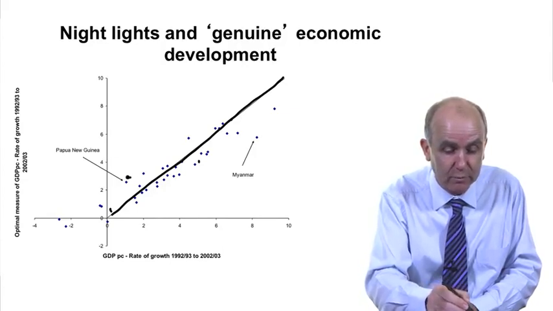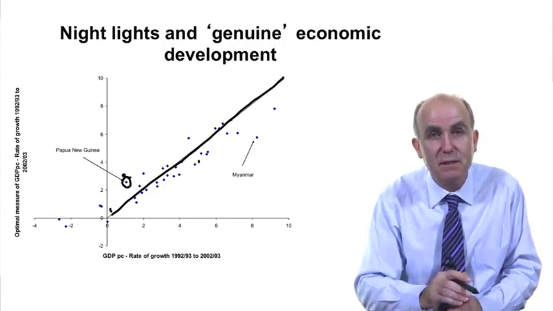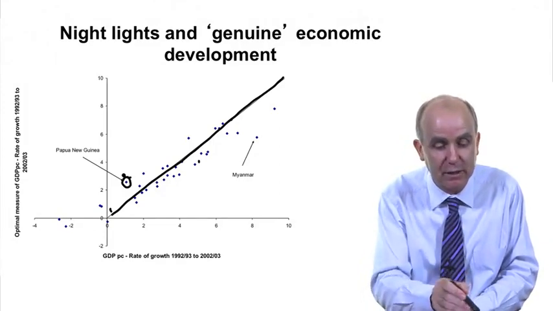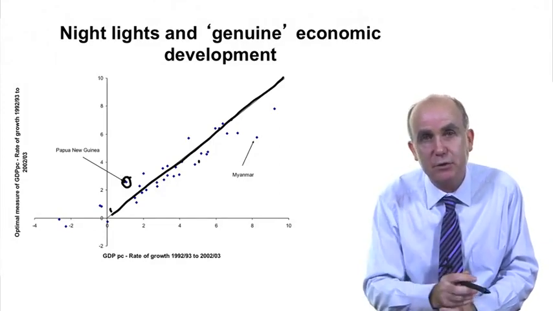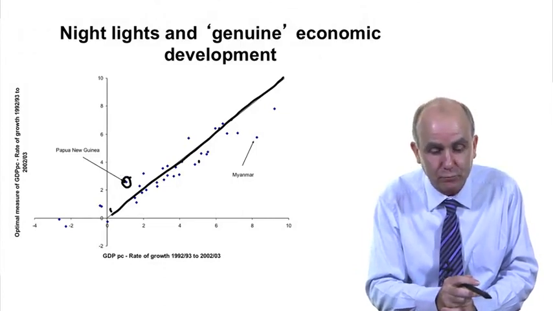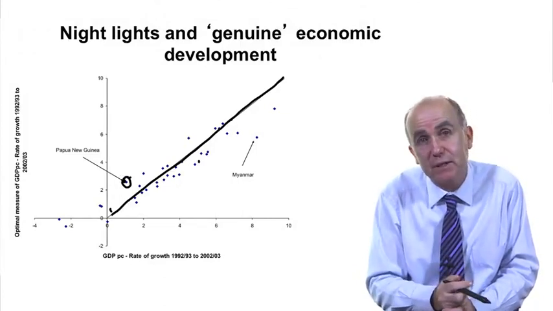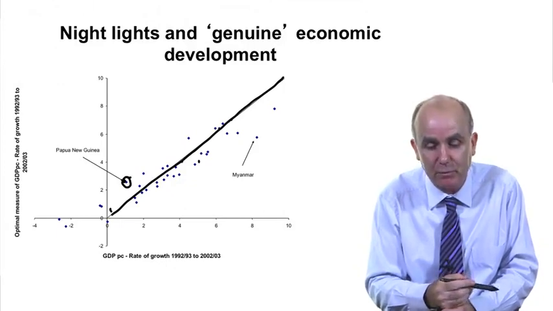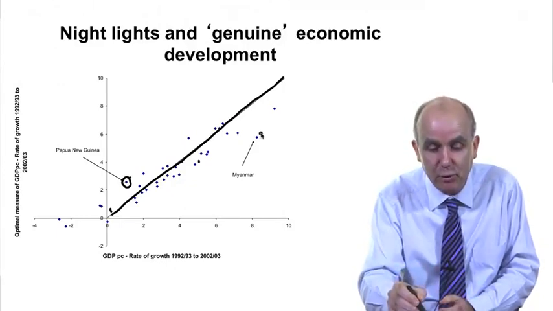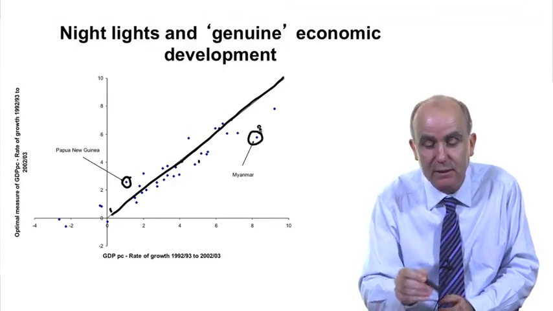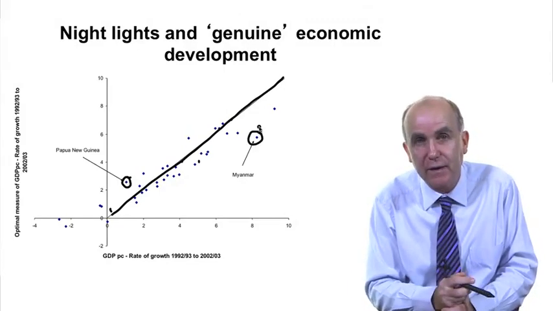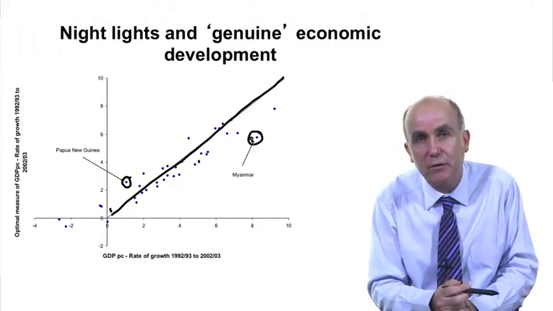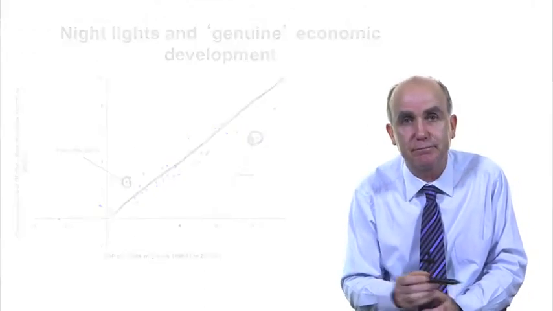So for example, if you look at Papua New Guinea, its statistical agency said that it only had 1% average growth over this period, whereas the adjusted measure says 2.8%. And perhaps that's due to it being difficult to collect data on GDP per capita in Papua New Guinea. Another example would be Myanmar, where the statistical agency said that the rate of economic growth was 8.5%, but the adjusted measure said only 5.8%.